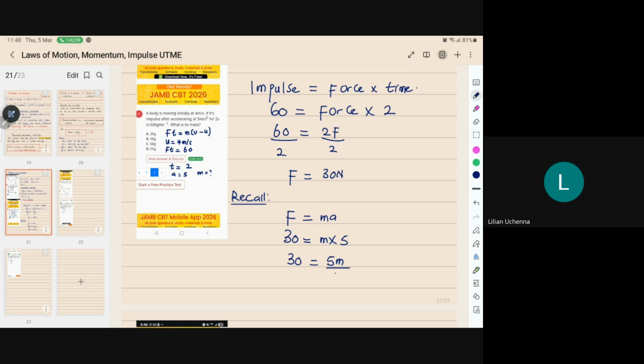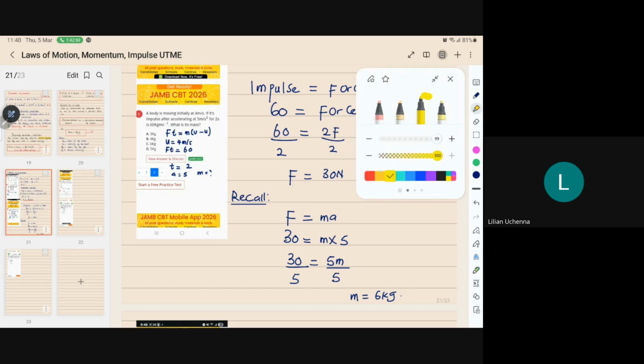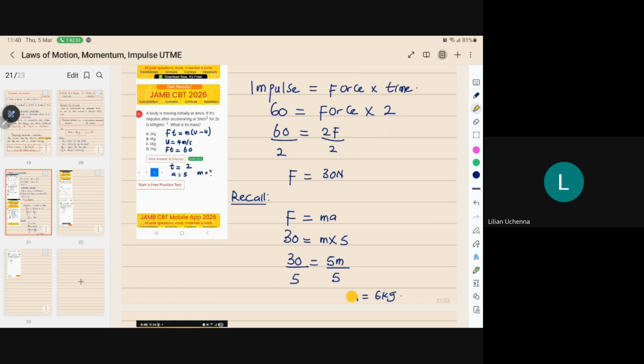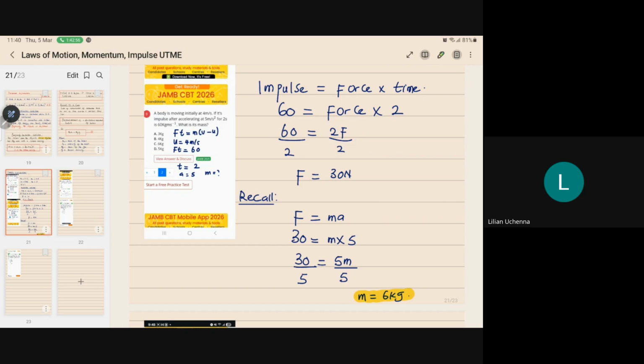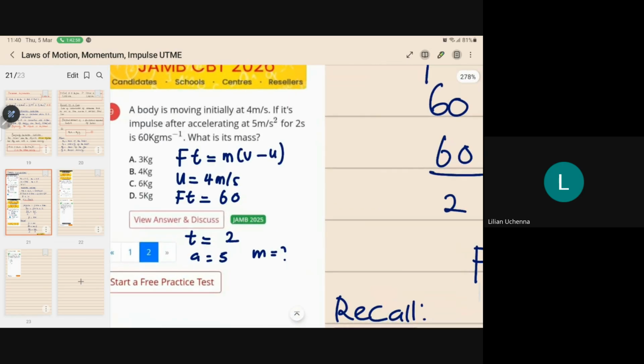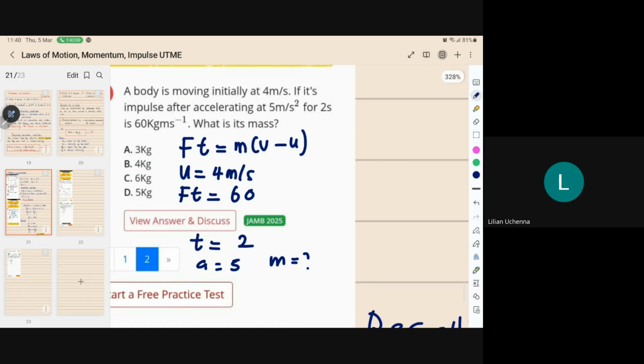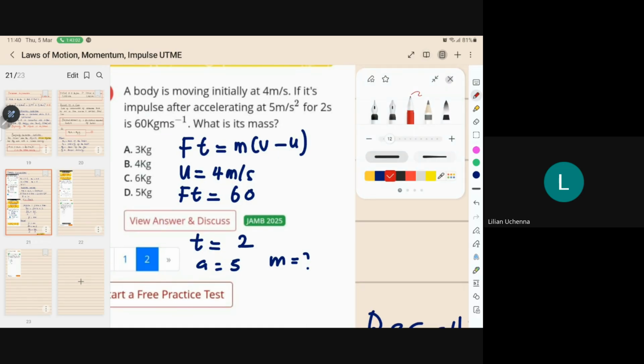Divide both sides by 5. You see that m is equal to 6 kg. Any question on that? So the answer to this question is 6 kg. Thumbs up if you're following now.